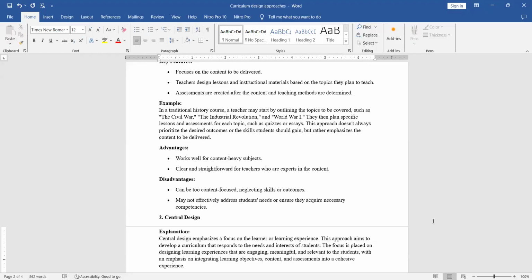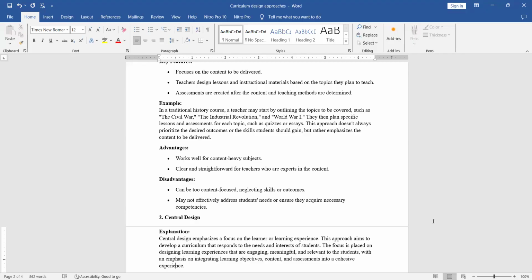What are the disadvantages? It is content focused, not focused on learning outcomes. Actually, it will not address students' needs. If you first learn about the students, you can develop the ILOs or the objectives, and then select the content and the methodology, then of course you are catering to the students' needs.